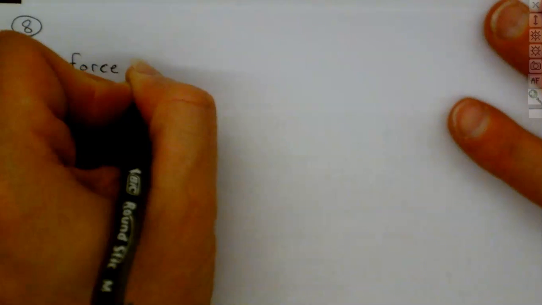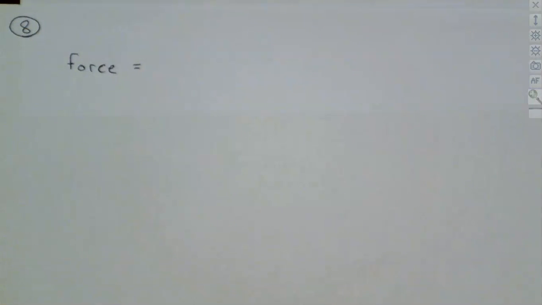So what are we looking at? We are looking at the force that is going to be required to keep this car from skidding out of control. So that's going to be your force here. Now, what relates to that? It says, the force needed to keep the car from skidding varies jointly as the weight of the car and square of the car's speed.